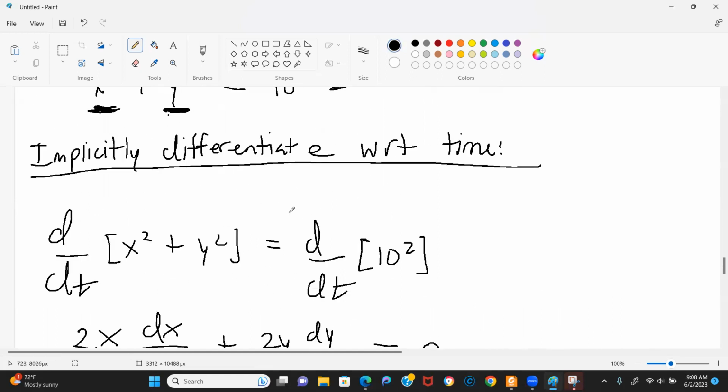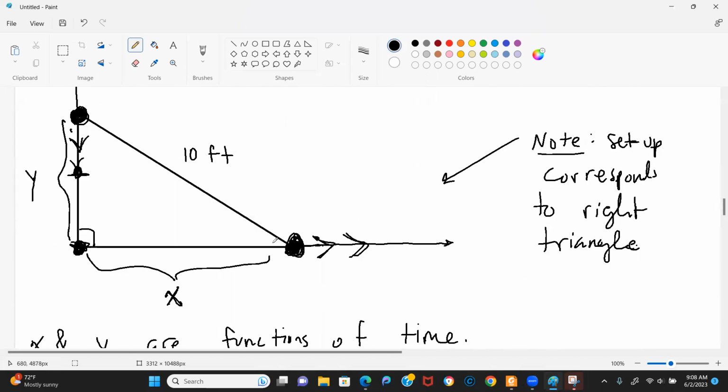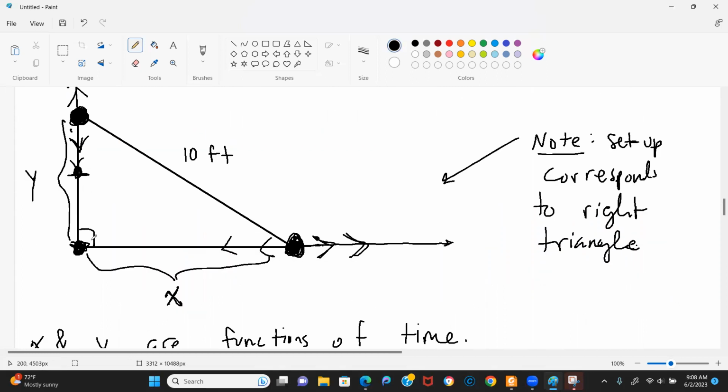Going back to our picture, if this point right here is now being pushed towards the wall, we would expect this point to slide upwards. So we would expect dy dt to be a positive number.